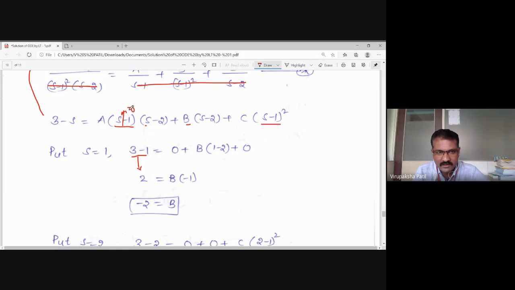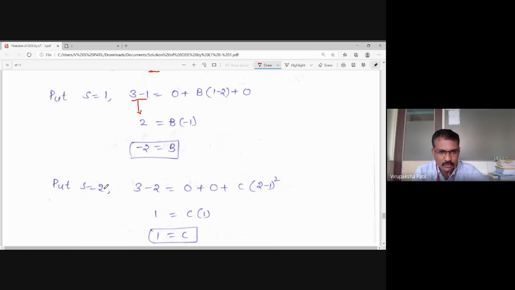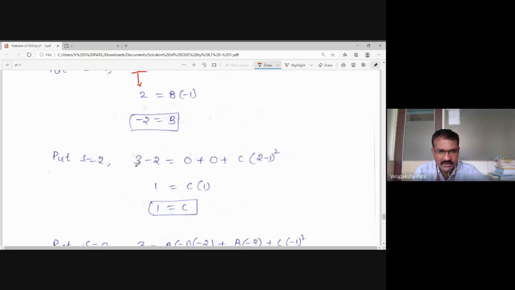Now to get the value of c, what we will do, we will put some common factor that is there in the coefficient of a and coefficient of b, that is s minus 2. Put s is equal to 2. If you put s is equal to 2, the a coefficient becomes 0, so this becomes 0.